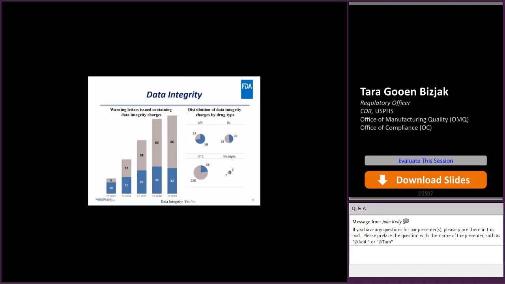And you can see that's a good portion of all the warning letters that go out, about a third, that include data integrity charges. This is mostly related to OTC, but you also see many letters on the API and prescription drug side as well.